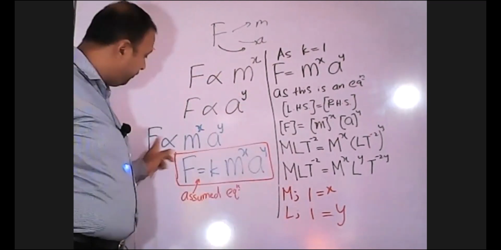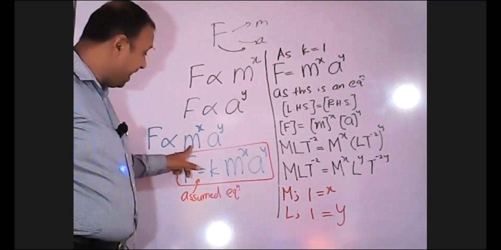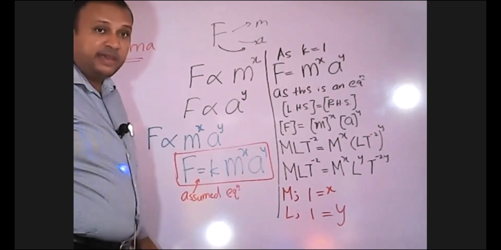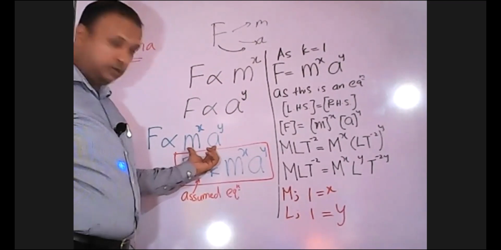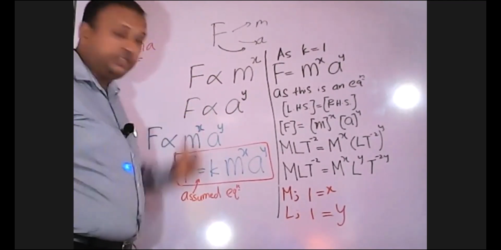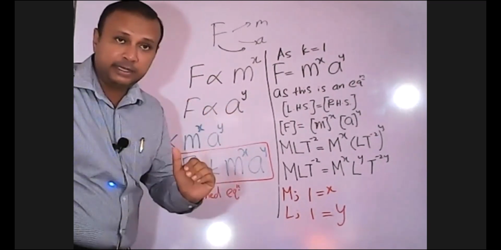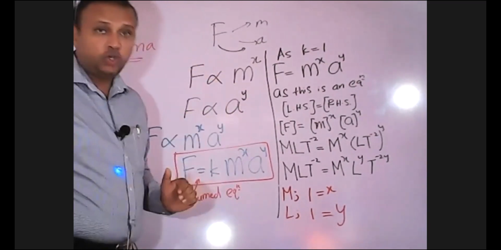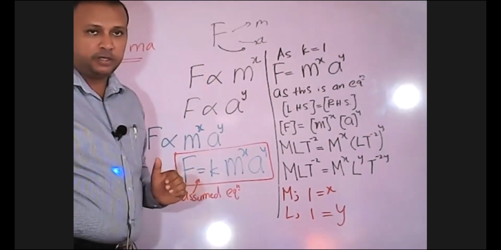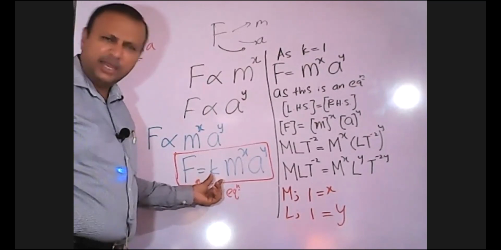In this case, F is one physical quantity, and m to the power x, a to the power y is another physical quantity. So if these two are directly proportional, definitely the ratio between them should be a constant. So there should be a constant.